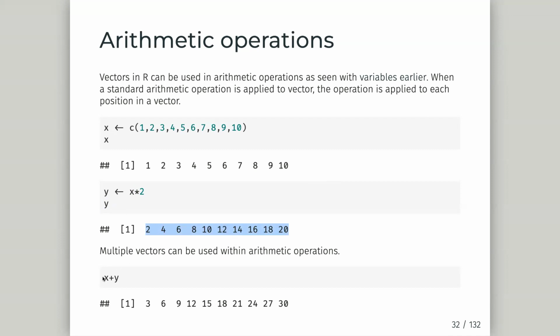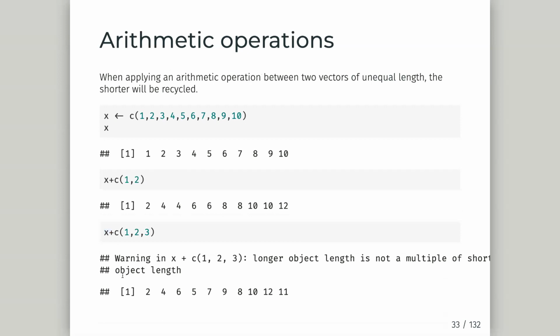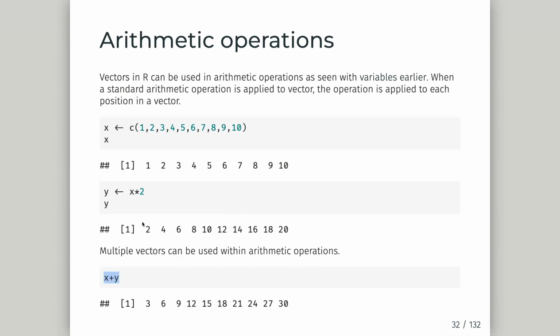We can also use our vectors to work together to produce arithmetic operations. So in this case, I'm going to add x to y. Okay. So then what it's going to do is add all pairwise values across this together. So if we look at x plus y, the first result is 3.